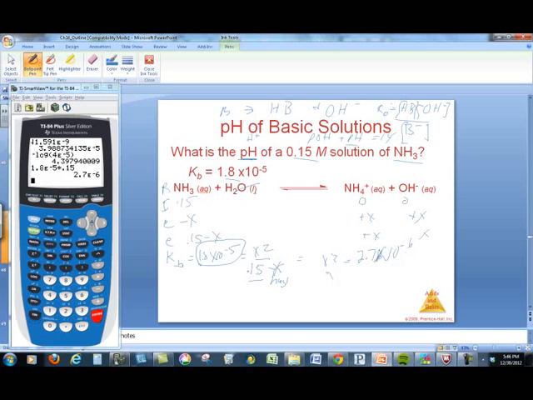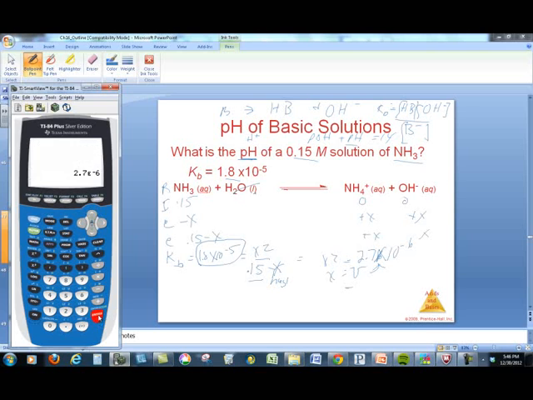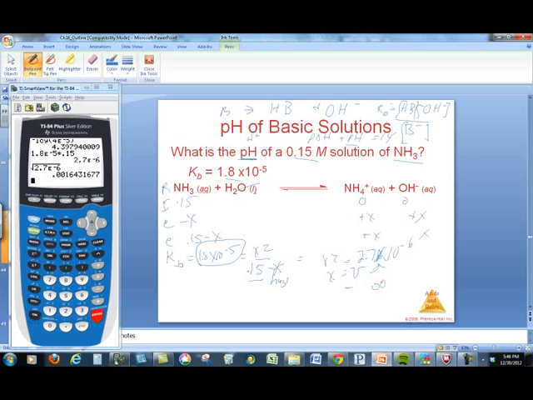So x is equal to the square root of that, which is, let me see, second square root, I get 0.0016. Okay, so that's my OH- concentration.